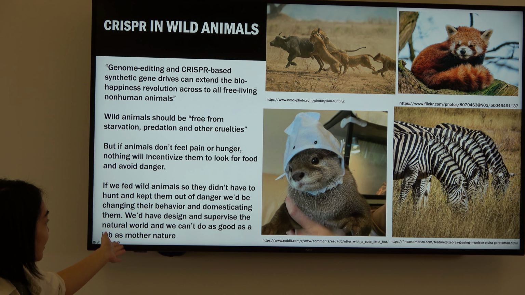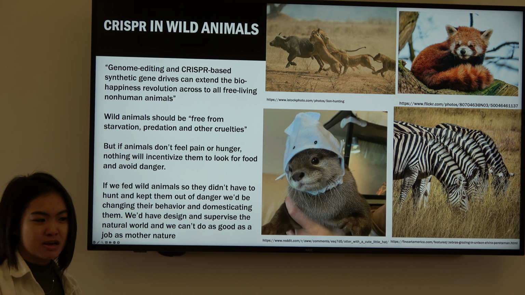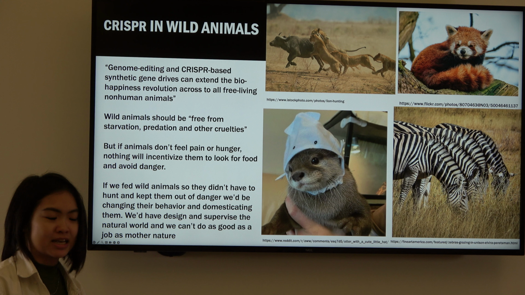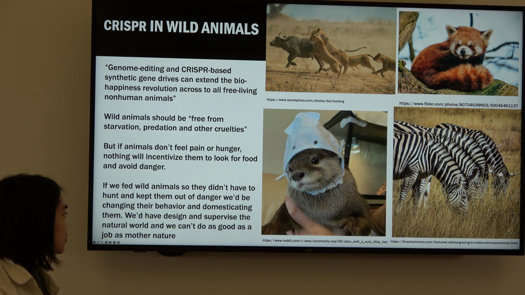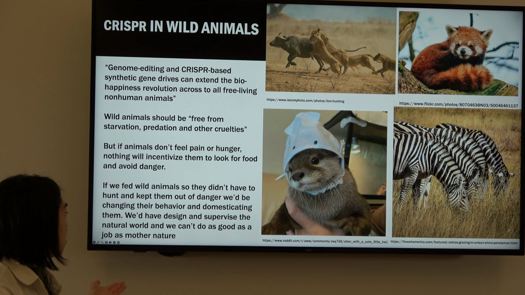Yeah, and if we fed wild animals, and they didn't have to hunt to keep themselves out of danger, wouldn't we be essentially domesticating them and changing their behavior? So then in a sense, they'll no longer be wild animals, but they'll be domesticated. And even if we do get to that point, we'd have to design and supervise a natural world. There are thousands of ecosystems out there, and we have to monitor all of them.